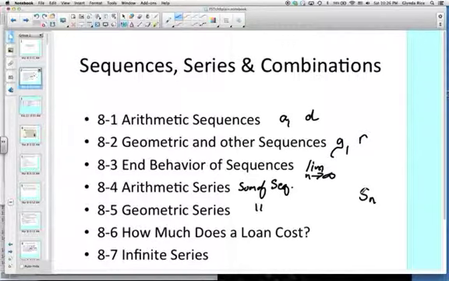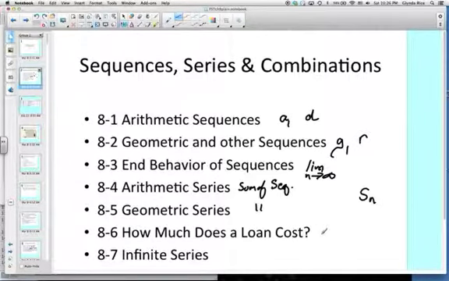So if it's on your card and it has a capital S, then it's a series, the sum of terms in a sequence. Thus, the first formula in each column, on the top of your card, is the explicit formula for the sequence.